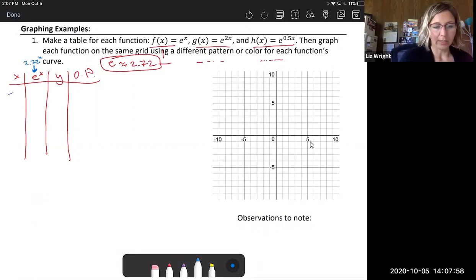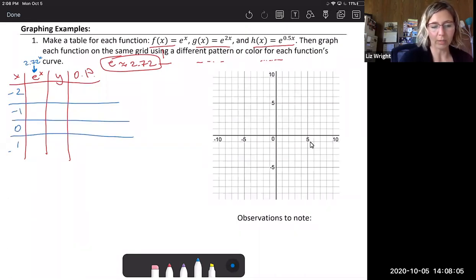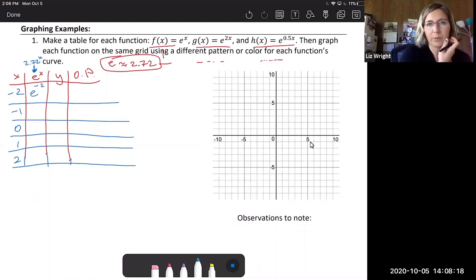All right, so here we're gonna have -2, and then we're gonna have -1, and then 0, and then 1, and then 2. All right, so we've got e to the -2, which again, you can just put that in your calculator. You can do e to the -2, or you can do 2.72 to the -2 power.